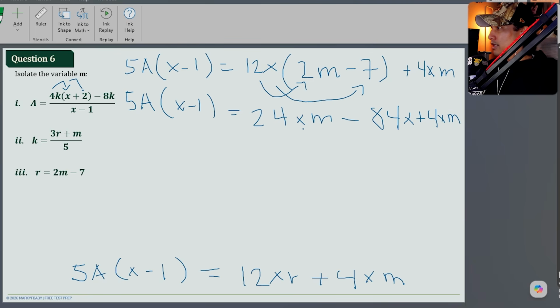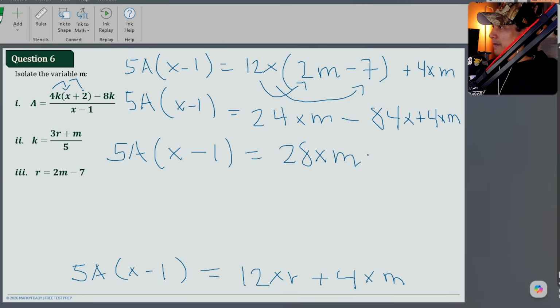Now, the 24xm and the 4xm can be combined. So let's simplify further. 5a(x minus 1) equals 28xm minus 84x.